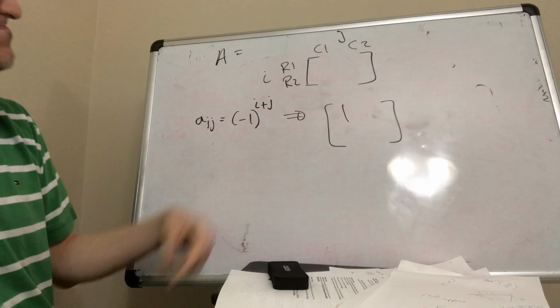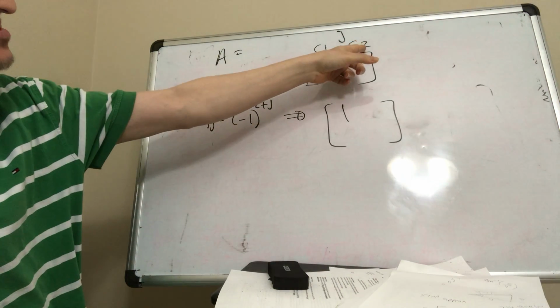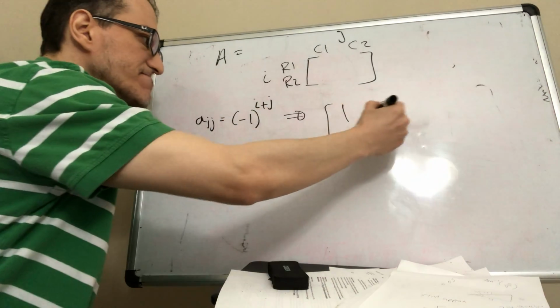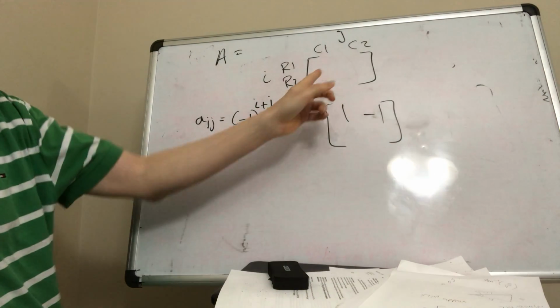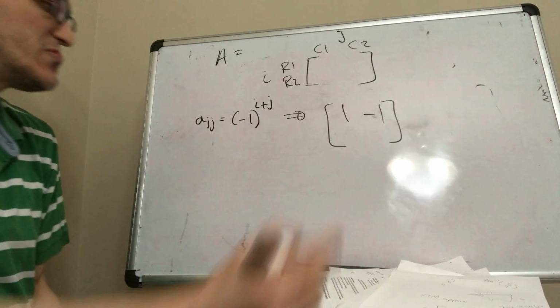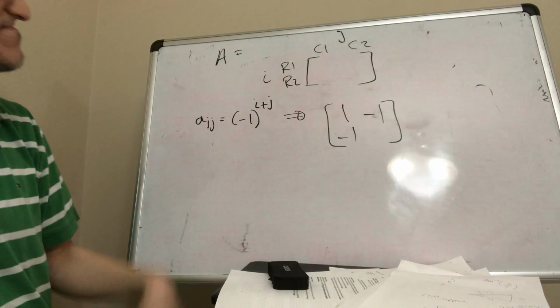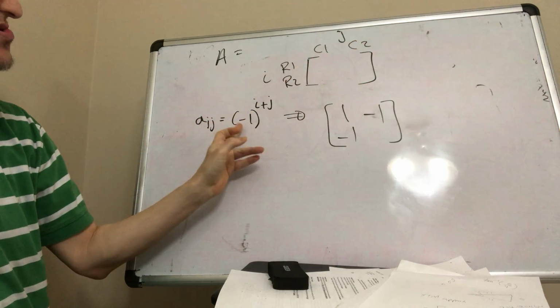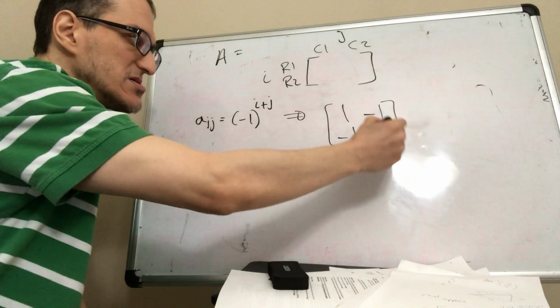This number, I is 1, j is 2, so that would be negative 1 to 3. This one is 2, 1, which is also 3. Negative 1 to 3 is negative 1. This one is 2 and 2. They add to 4. Negative 1 to 4 is 1.